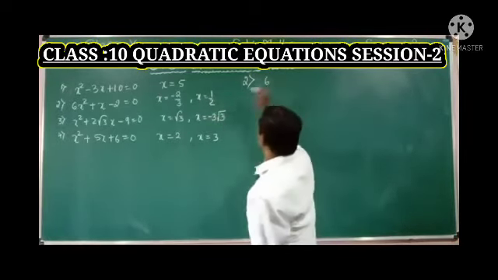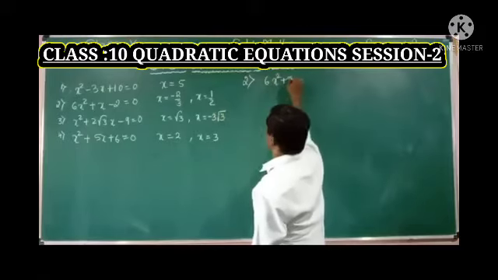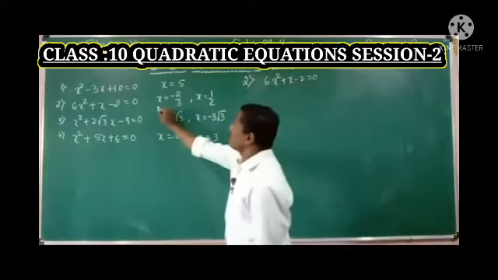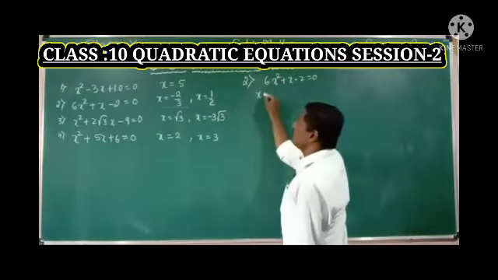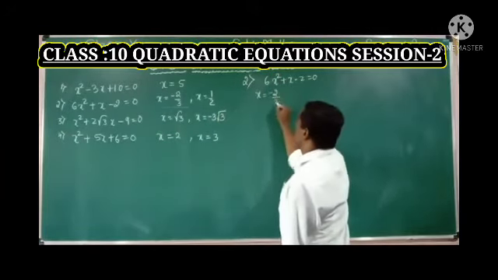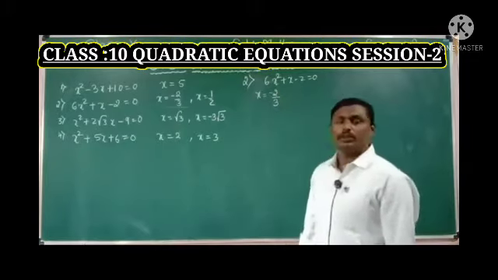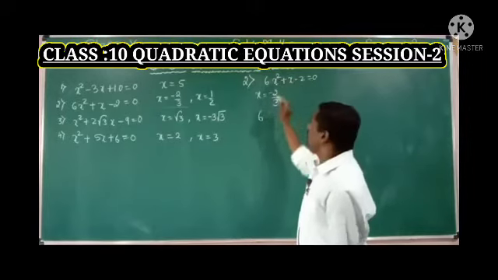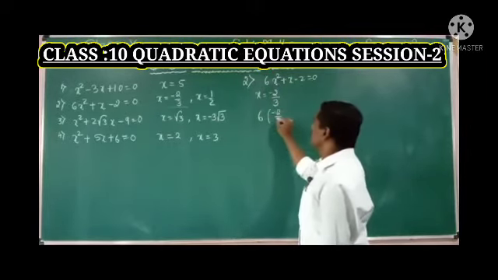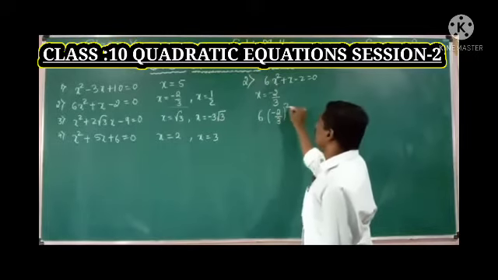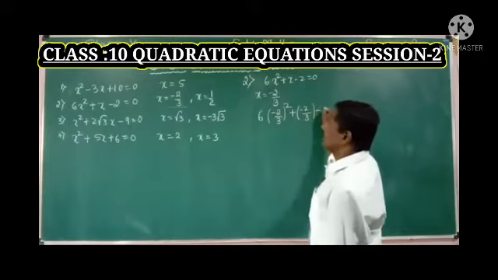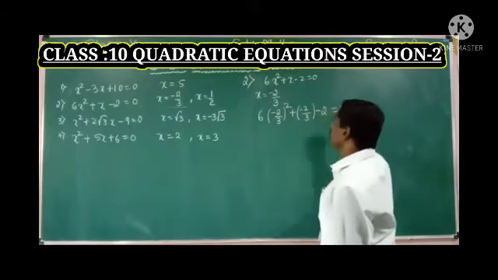So the given equation is 6x square plus x minus 2 is equal to 0. What is the first root? x is equal to minus 2 by 3. Just substitute the x value in the equation: 6 into minus 2 by 3 whole square, plus minus 2 by 3, minus 2, which is equal to 0.